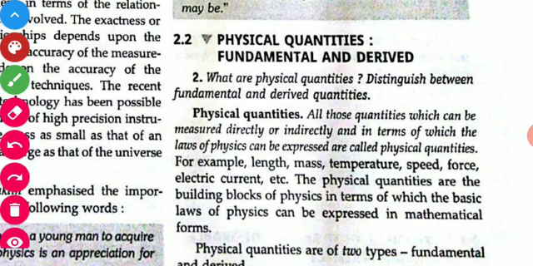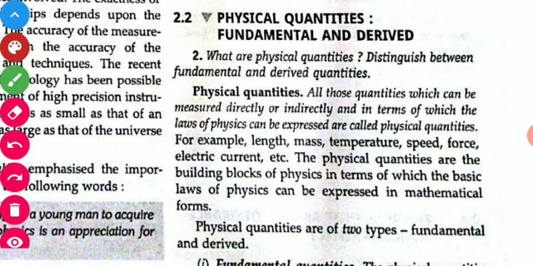Similarly, all the quantities which can be measured are known as physical quantities. Like length, we can measure the mass, we can measure the temperature. We define our laws of physics and our phenomena with the help of these quantities, and these quantities are measurable.